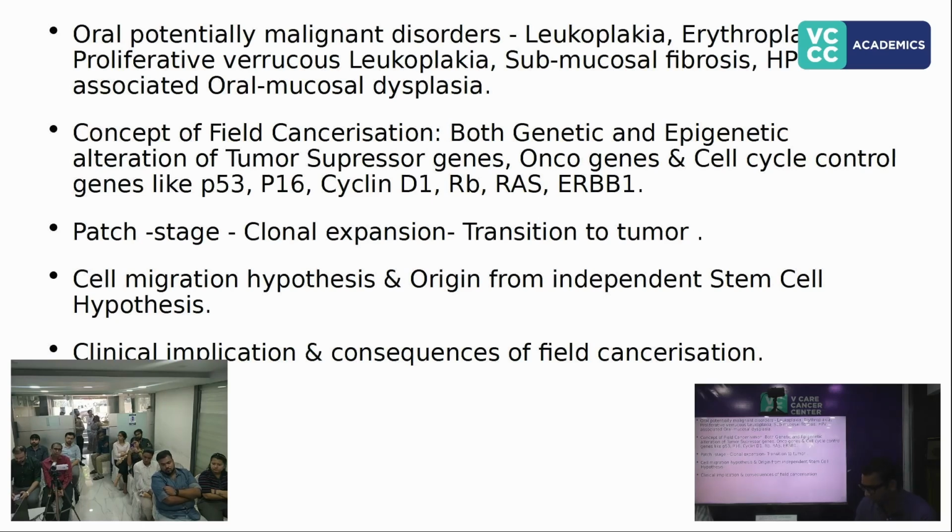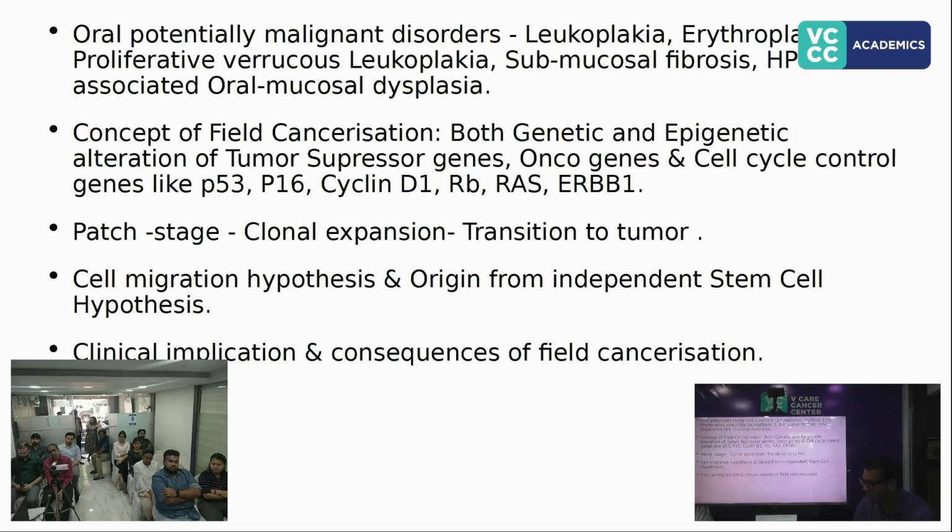This concept tells us that squamous carcinoma in the oral cavity is not an isolated cellular phenomenon. Rather, it is a process of pleomorphism and anaplasia involving multiple foci due to carcinogens, specifically chewable tobacco or smoked tobacco.